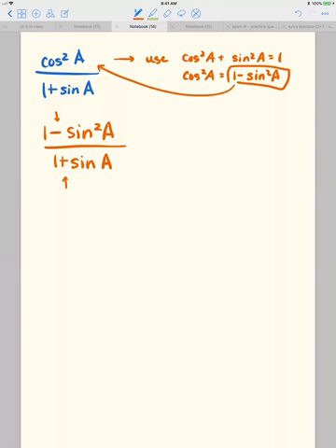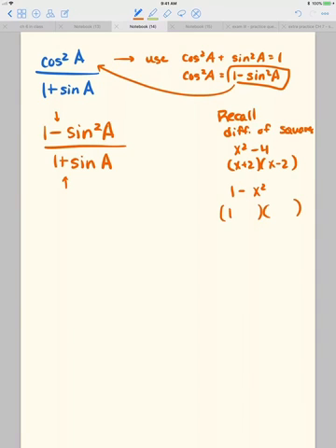So when we did squared differences before, it was called a difference of squares, and we did it with polynomials. If we had x squared minus 4, we could factor that into x plus 2, x minus 2. Or if we had 1 minus x squared, we could factor that into 1 minus x, 1 plus x, because it was a difference of two things that were squared.